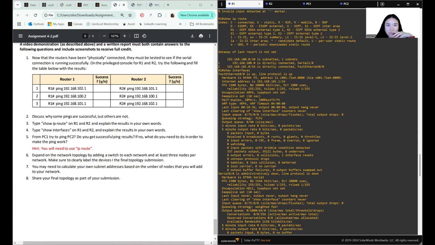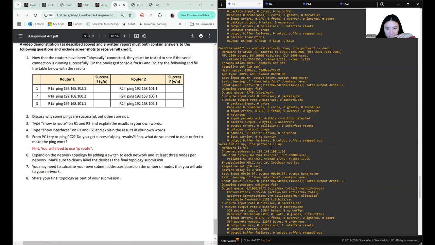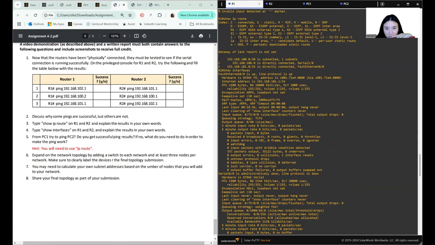And so it basically tells you if there are any directly connected routes or any manually added routes that are static. It shows which is connected.